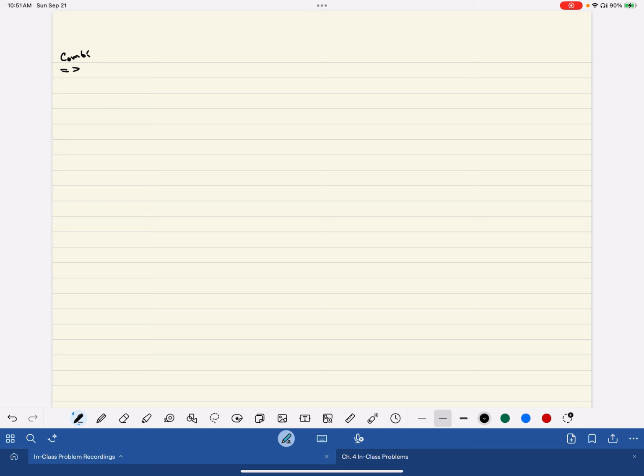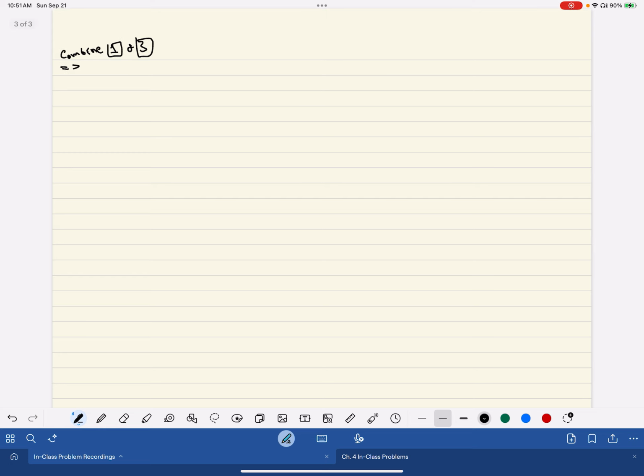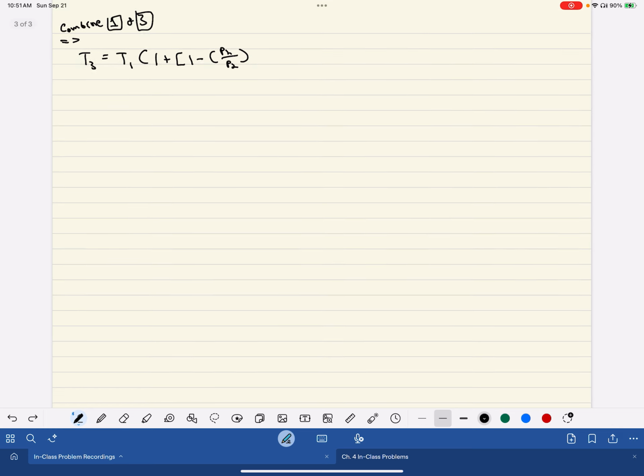Combine 1 and 3. Okay. So if you combine the two, you get this equation for T1. Oops.